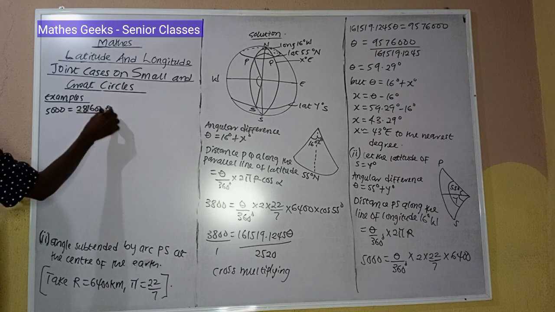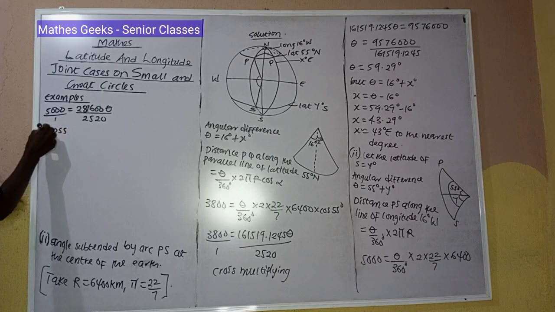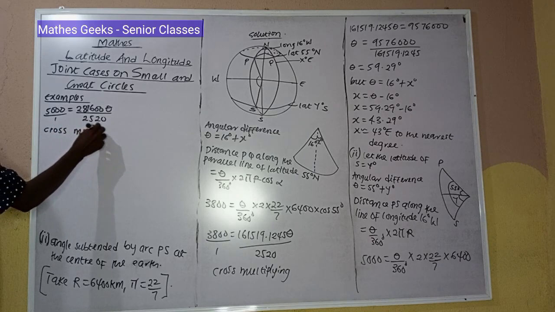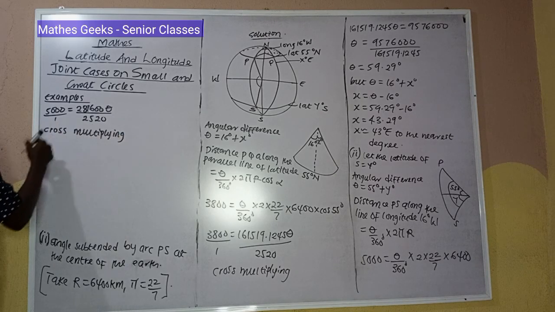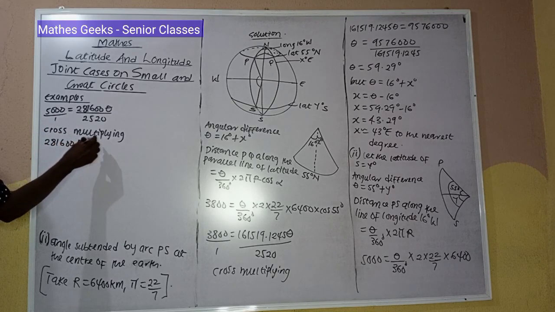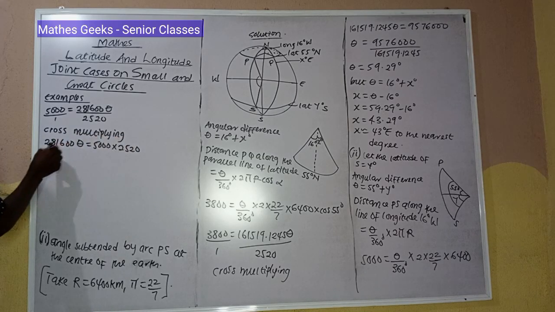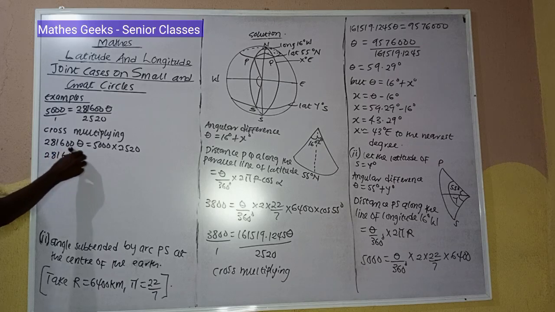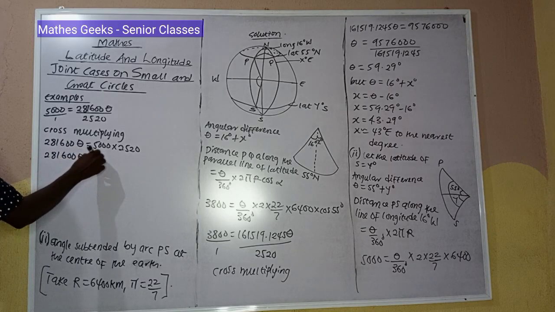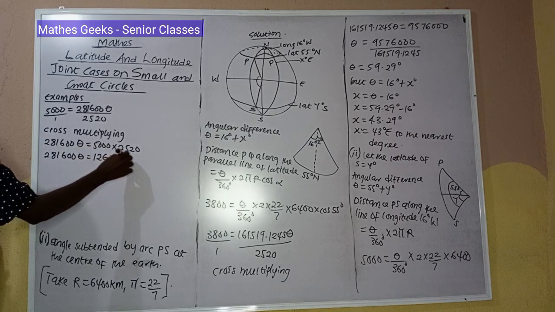So 5,000 is equal to 281,600 theta over 2520. Cross multiplying, 281,600 theta is equal to 5,000 times 2520, which is 12,600,000.